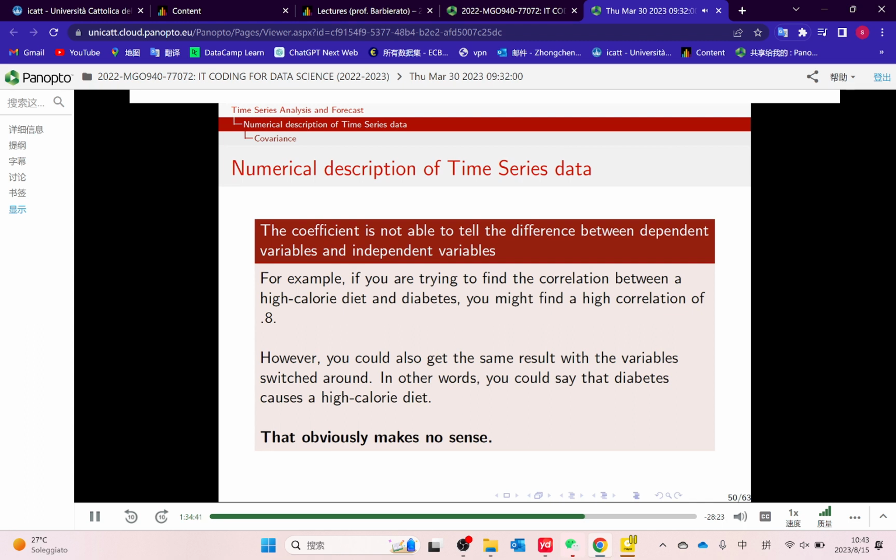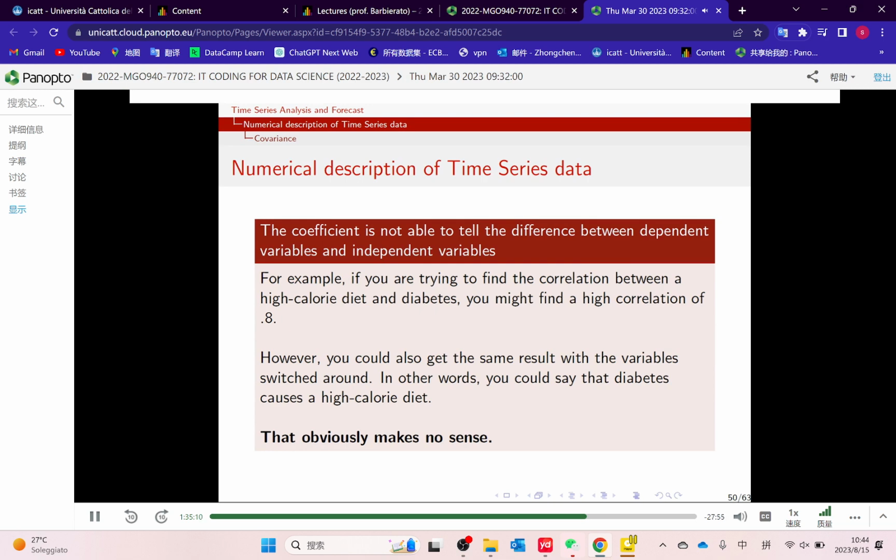But if you translate this in terms of causality, strange things happen. Because consider this example. We want to study the correlation between a certain diet, very caloric, probably with a lot of sugar, and diabetes. And we make our calculation and we find there's a high correlation. It is 0.8.